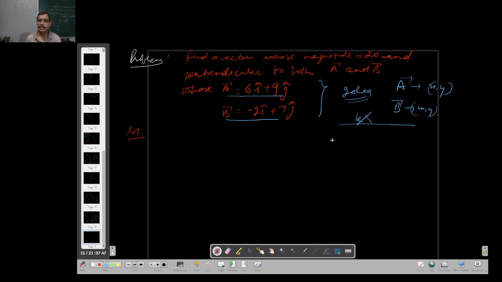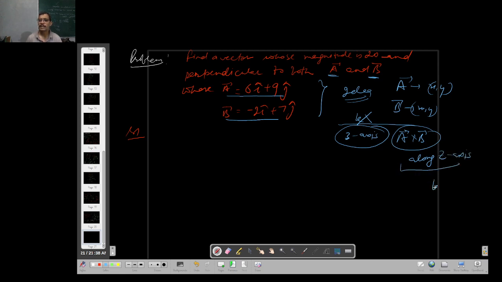So a vector which is perpendicular to both A and B means that direction is the z-axis, or in other words, A cross B is always along the z-axis.